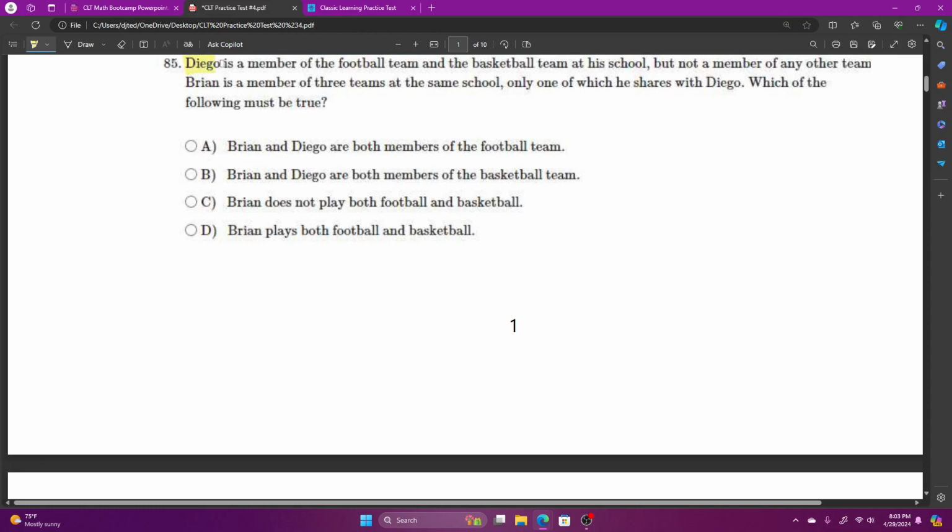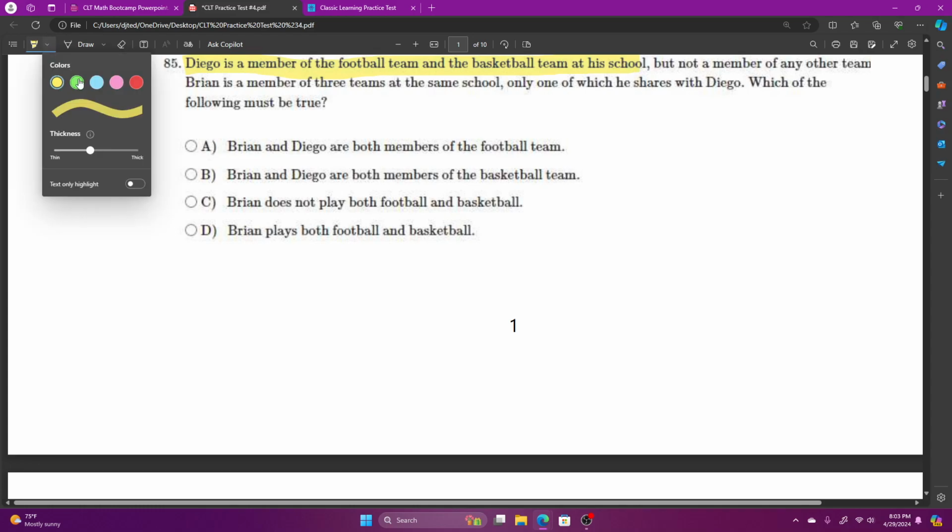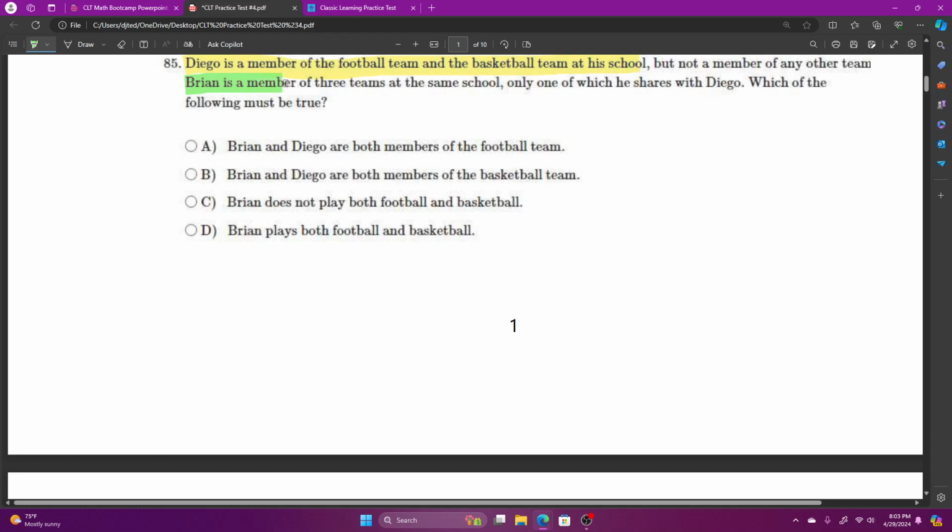So Diego is football and basketball. And Brian is a member of 3 teams, and he's only on one team with Diego. So Brian can only be on either football or basketball, but not both.